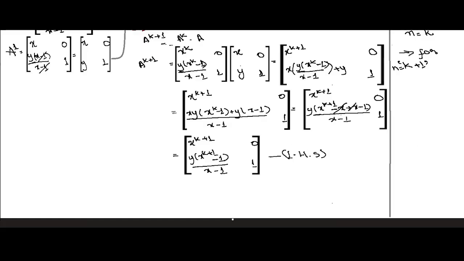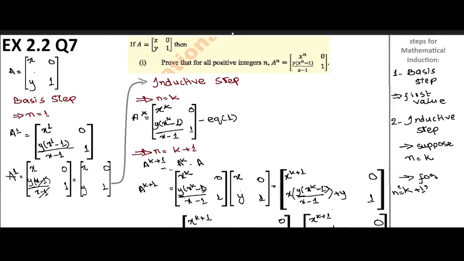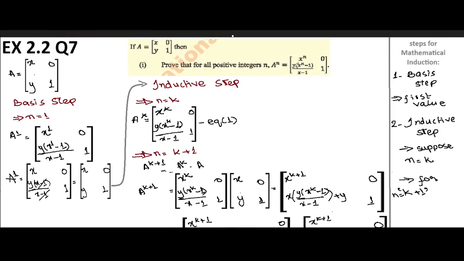We are calling it left hand side because as we see in the question over here, we have solved this side. Now we are going to put the value of n equals to k plus 1 over here. We have solved this one but not this one. Now we are going to solve this side.